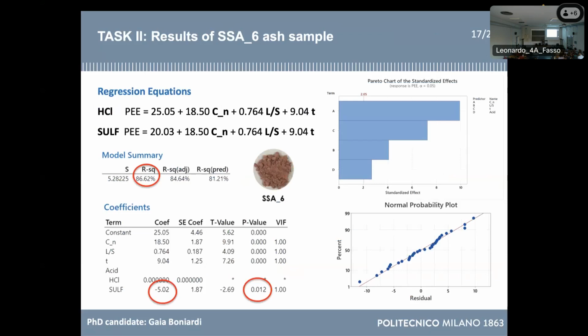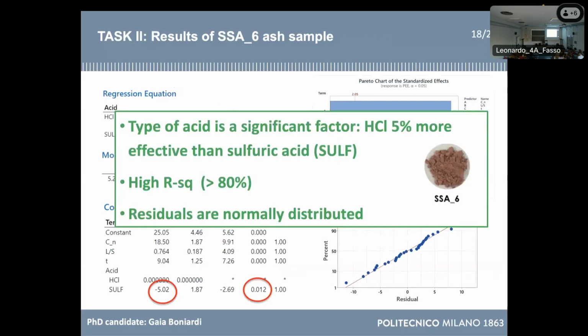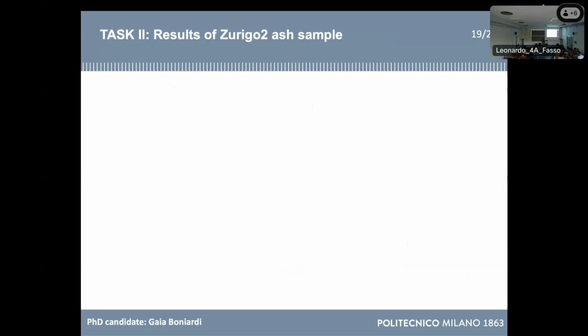So all the 3 factors were significant. Again, hydrochloric acid was more effective than sulfuric acid. I will try to explain later why. The R-square of the model was good, and this was the model for this type of ash.